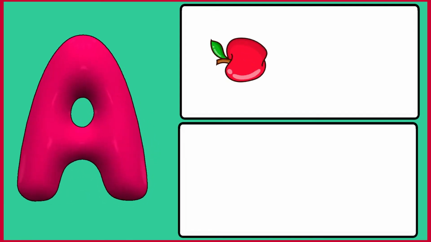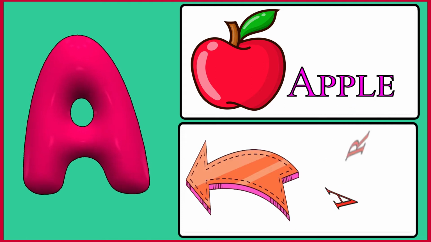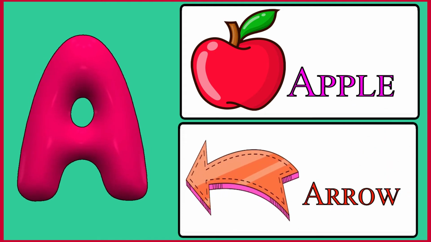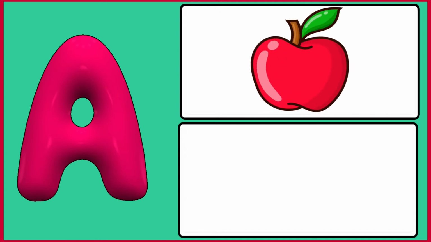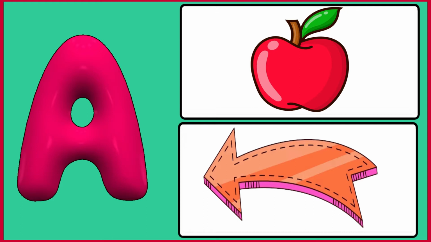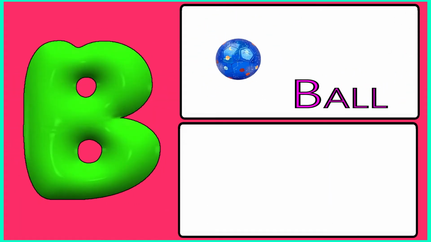A is for apple, apple. A is for arrow, arrow. B is for ball, ball.